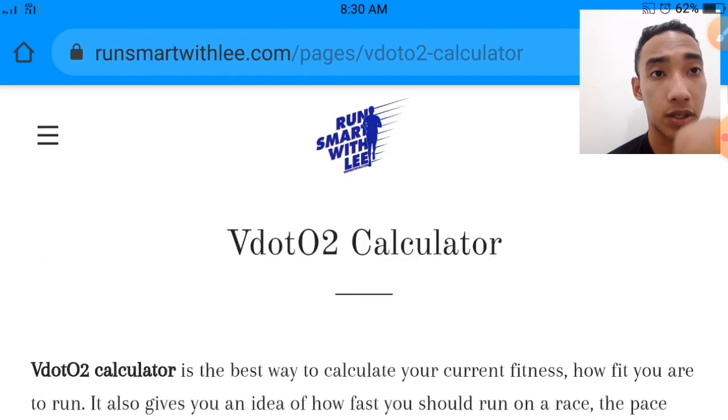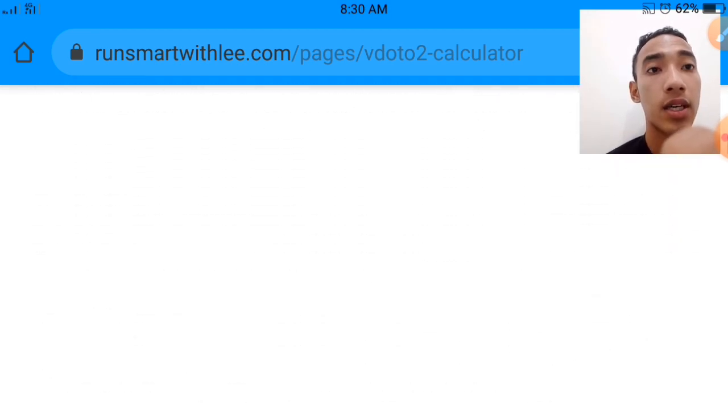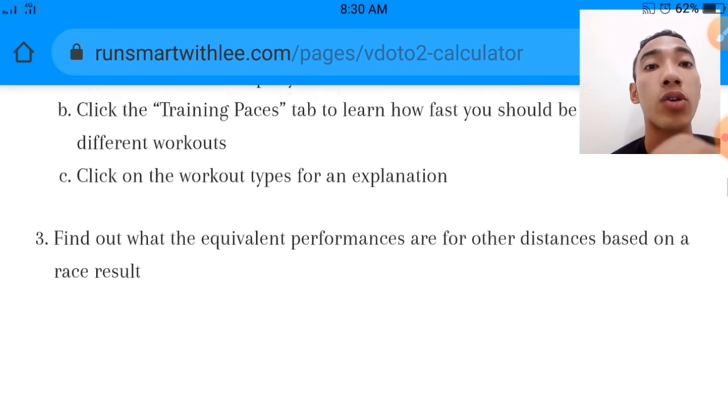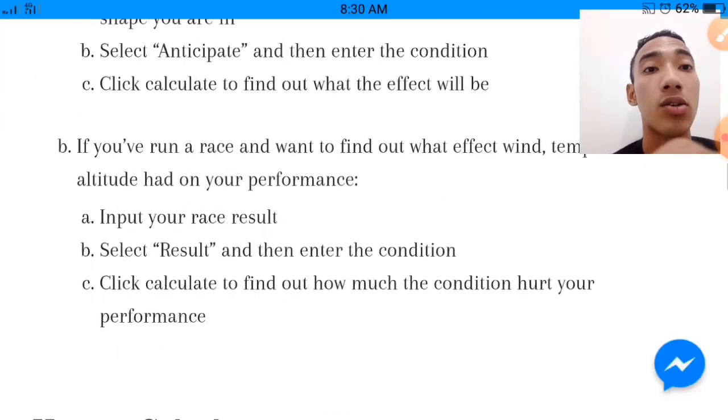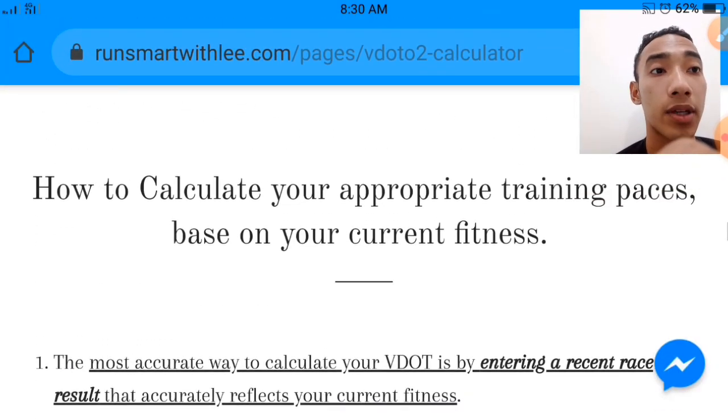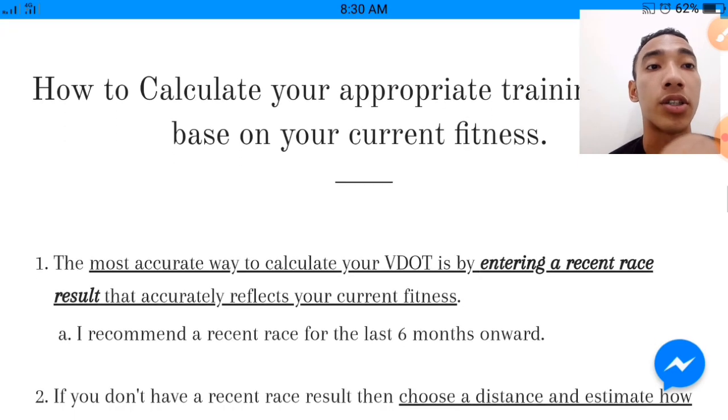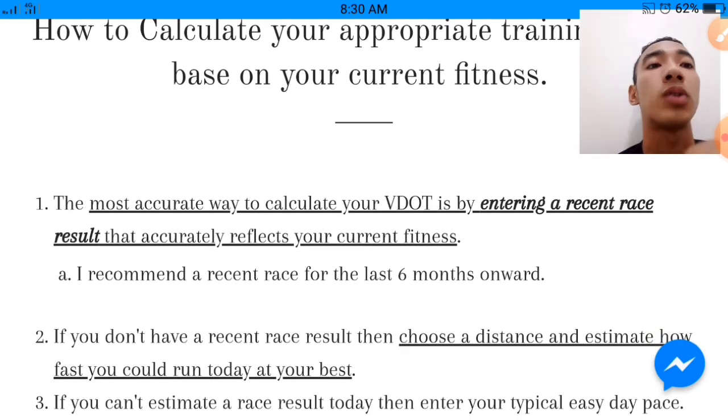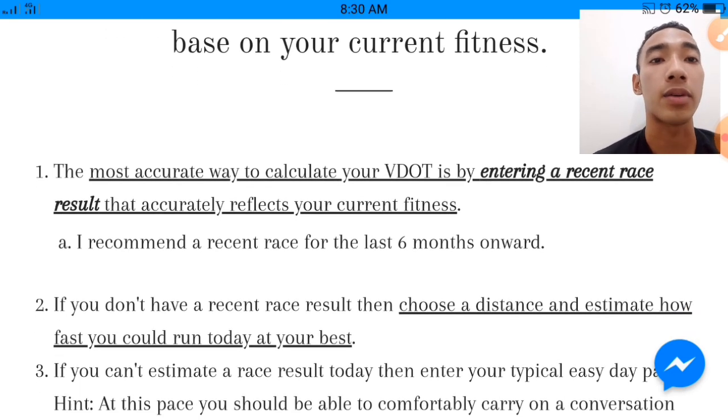That will bring you to the VDOT calculator page. There are 3 ways to accurately calculate your appropriate training paces based on your current fitness. The first one is by entering a recent race result, and I recommend a race from the last 6 months.